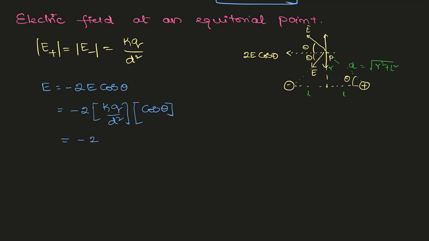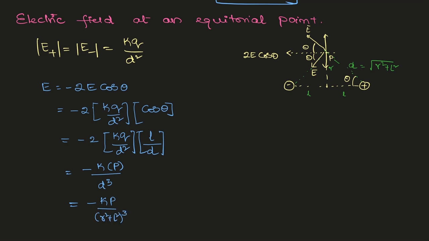So minus 2kq by d square into adjacent side, which is L, and hypotenuse is d. So it will be minus kq into 2L, which is nothing but dipole moment, by d cube, or we can write minus kp by (R square plus L square) whole power of 3 by 2.